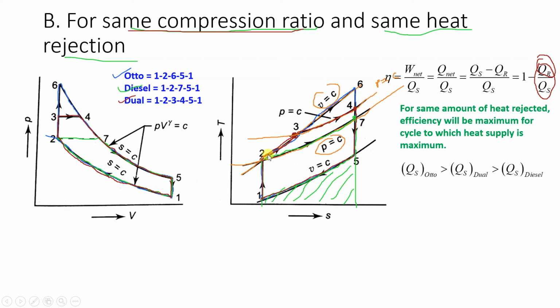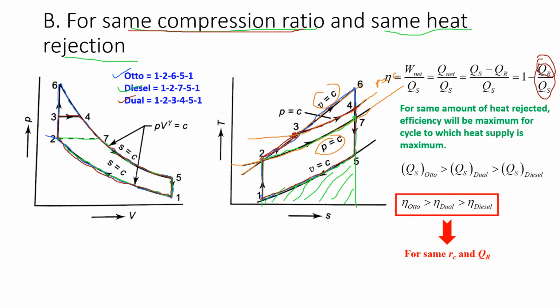So here you can see that heat supplied in case of Otto cycle is greater than heat supplied in case of dual cycle, which is greater than heat supplied in case of diesel cycle. So which efficiency will be highest? Otto cycle. So efficiency of Otto cycle is greater than dual cycle, which is greater than diesel cycle. But what is the condition for this? For the same compression ratio and heat rejection.